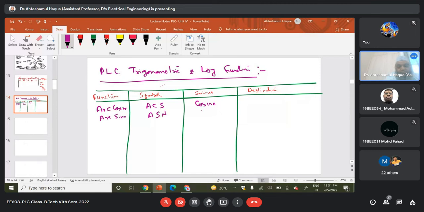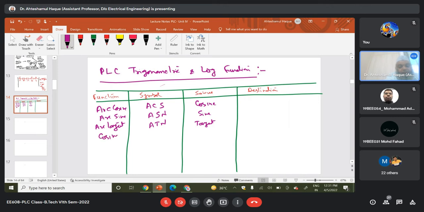This source is sine. Then arc tangent. इसका symbol है ATN. Again the source जो है वो होगा tangent.